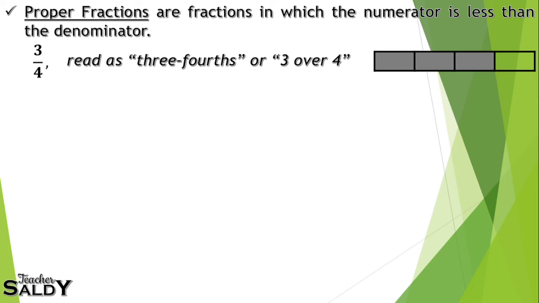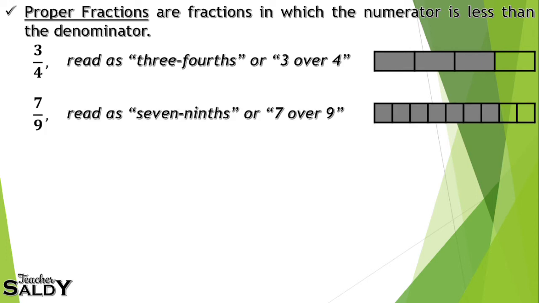So in this fraction, the 1 whole is divided into 4, and 3 parts are taken. Next example, we have 7/9. So a whole, or 1 whole, is divided into 9, and 7 equal parts are taken, or shaded. So that's 7/9.